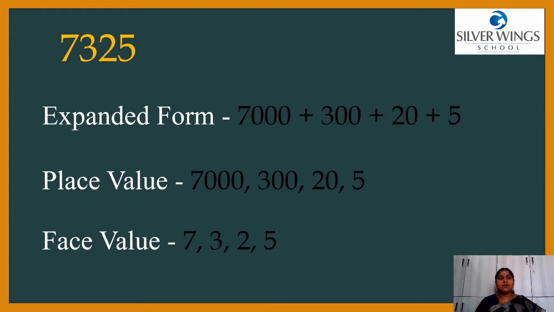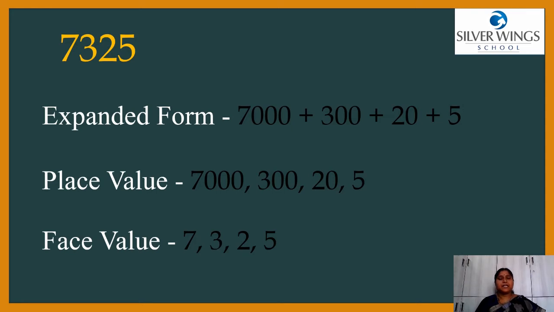See here, first before that we want to know about place value. Whenever you want to write the place value, you should see from your extreme right. First of all you see the place of the last digit, that means you start from your extreme right.